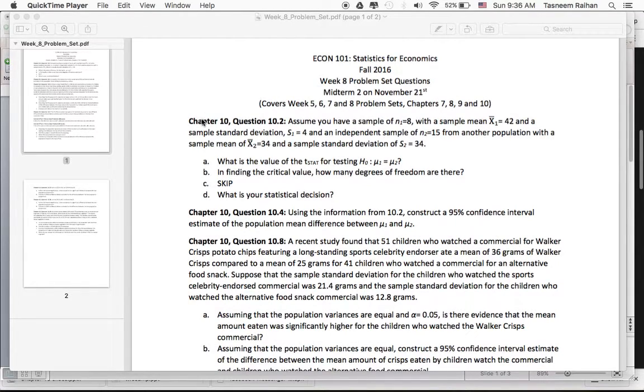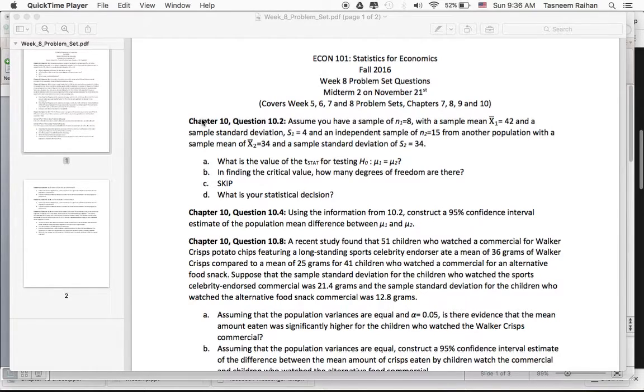This question says that a recent study found that 51 children who watched a commercial for Walker Crisps potato chips, featuring a long-standing sports celebrity endorser, ate a mean of 36 grams of Walker Crisps, compared to a mean of 25 grams for 41 children who watched a commercial for an alternative food snack. So we have two samples here.